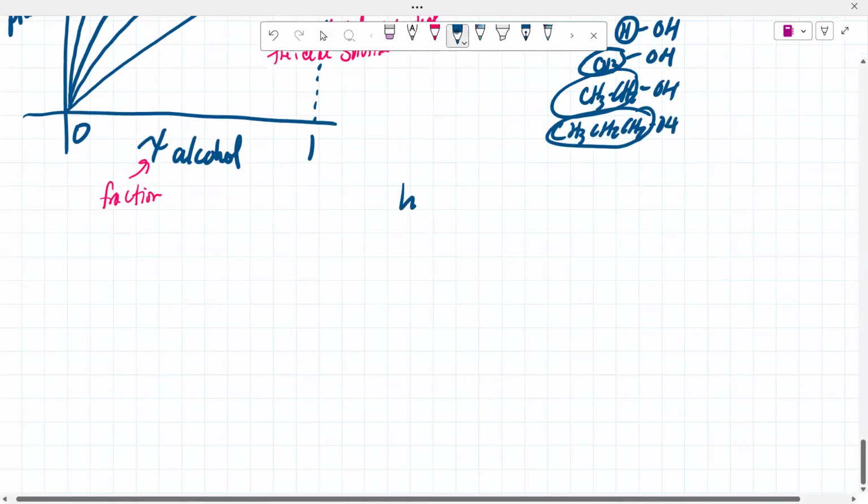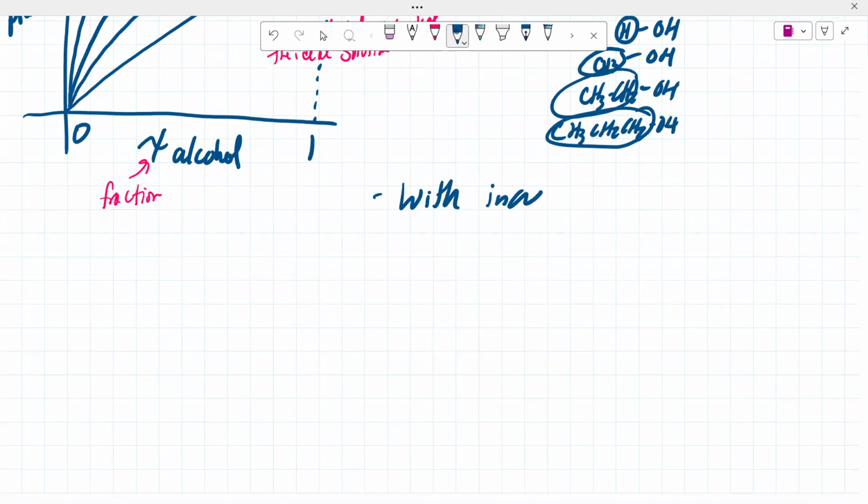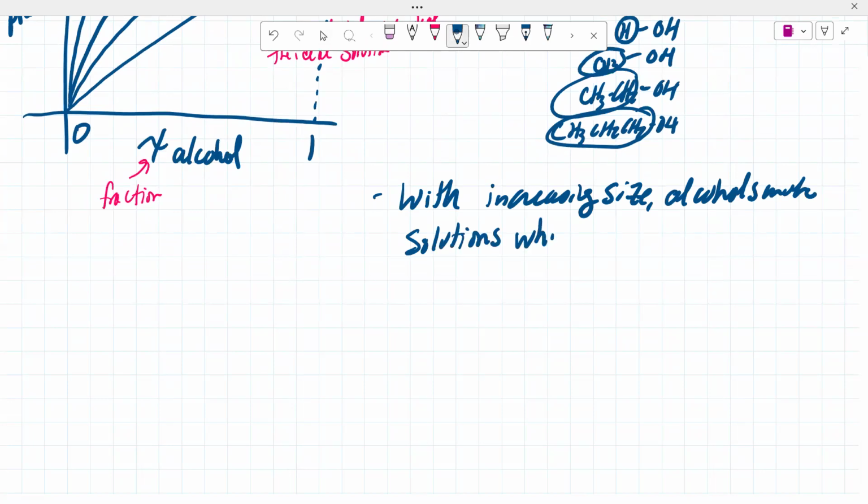With increasing size, alcohols make solutions which are less ideal as they're increasingly dissimilar to water.